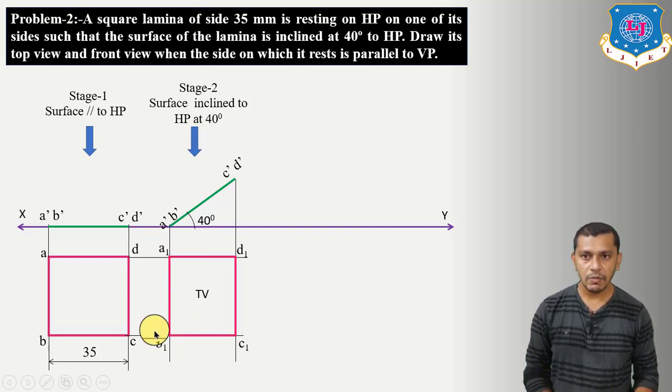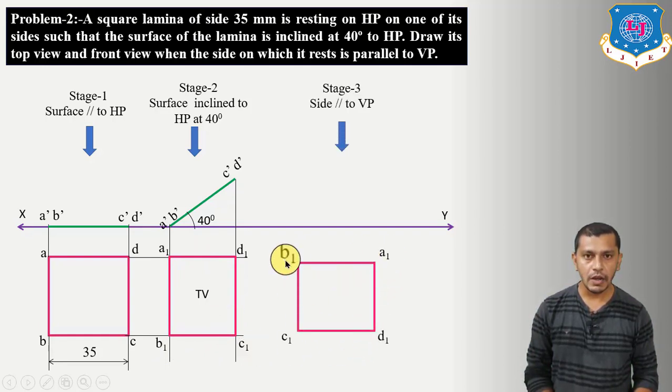By taking A1 B1 parallel to the XY reference line, we redraw this figure over here. This will be our top view again, because we have copied this figure; we have just taken A1 B1 parallel to the XY reference line.